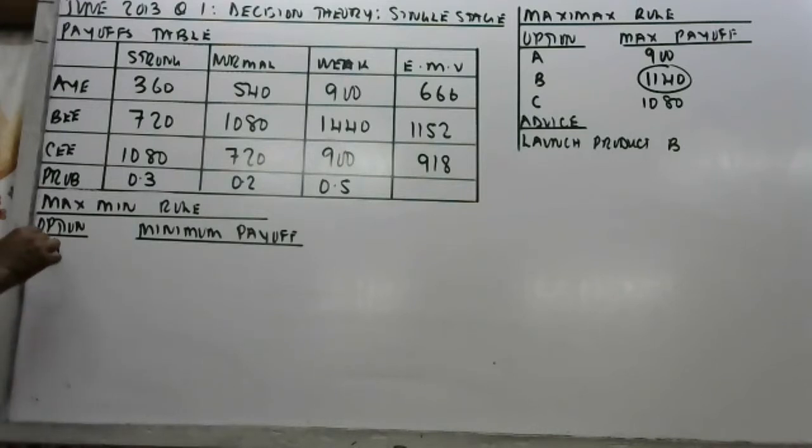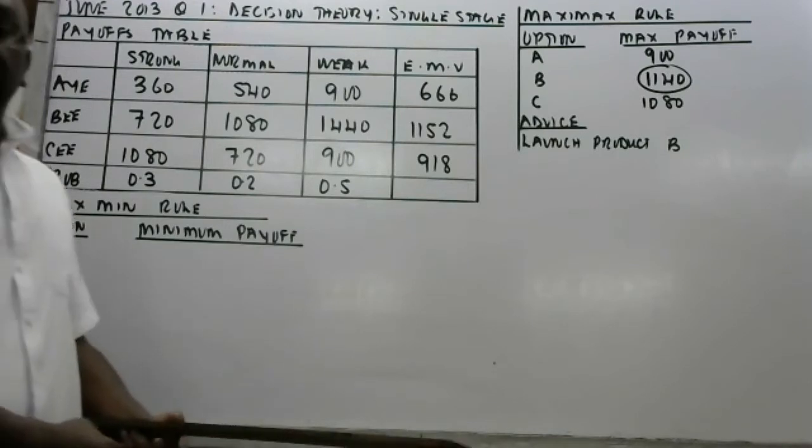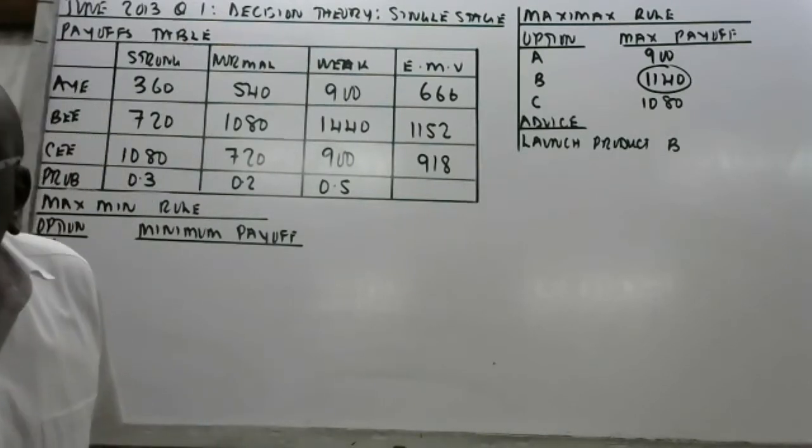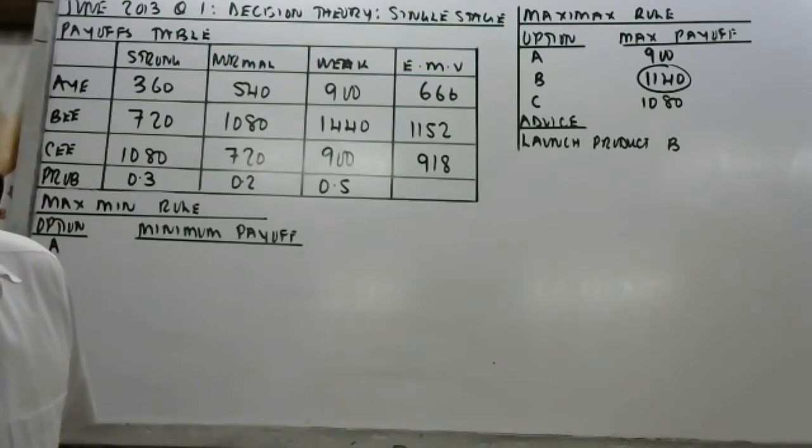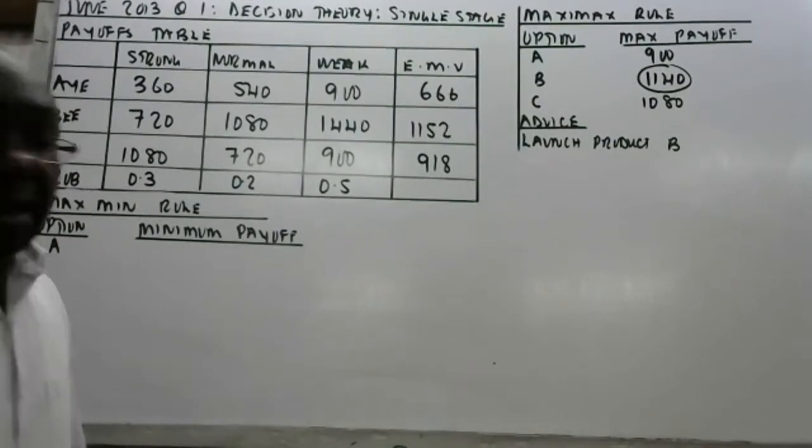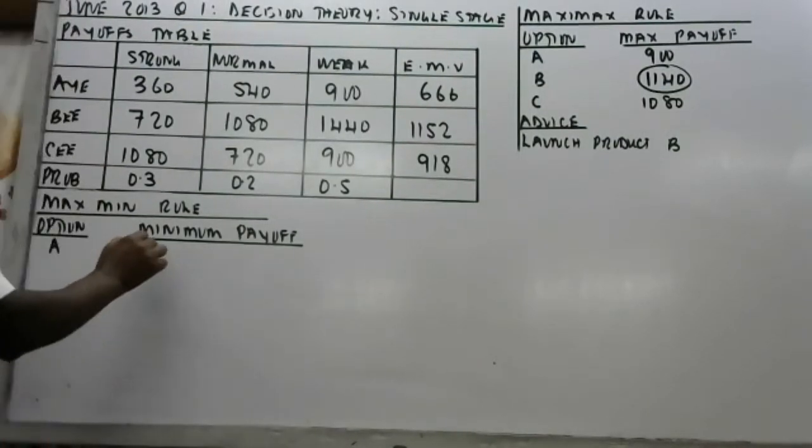So for A, the minimum is what? Let me see what is the minimum. Yeah, 360, good.